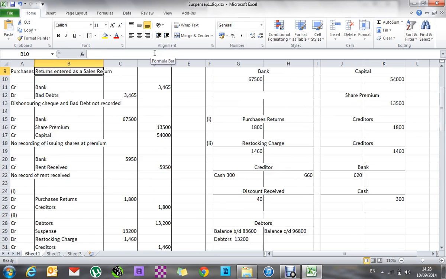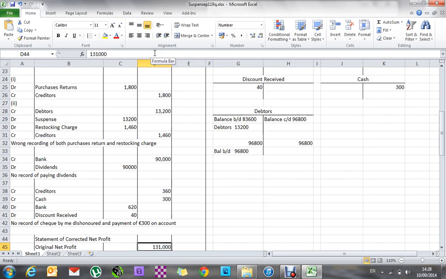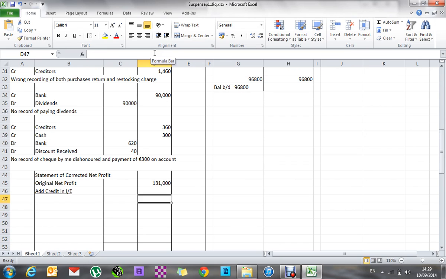So that's the first one. Then move on, P Canty, J Canty, not relevant. Purchases returns 1980, and that's on the credit side, so that will be added on to make my profit higher. 1980, and that's purchase returns.